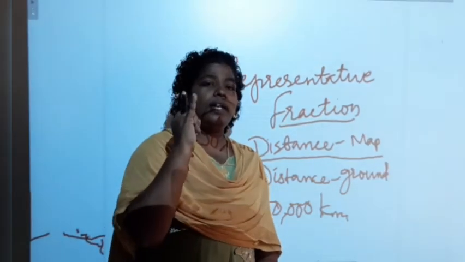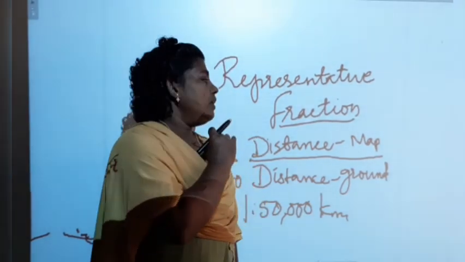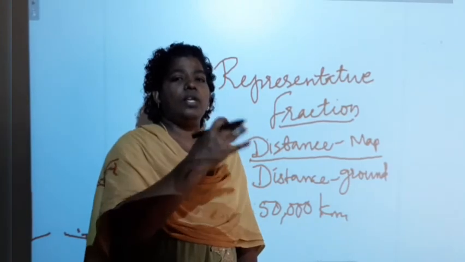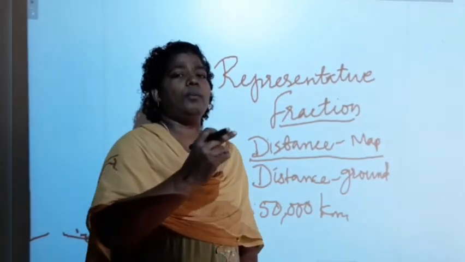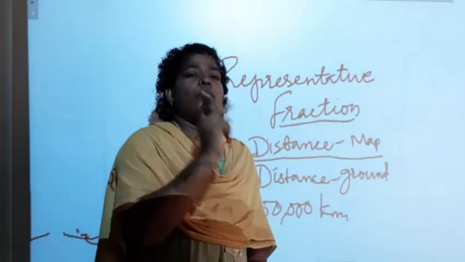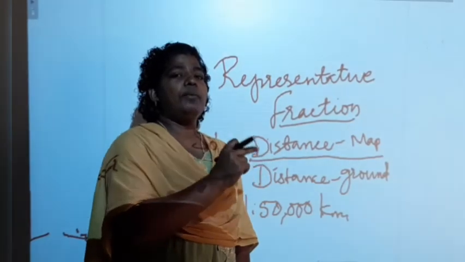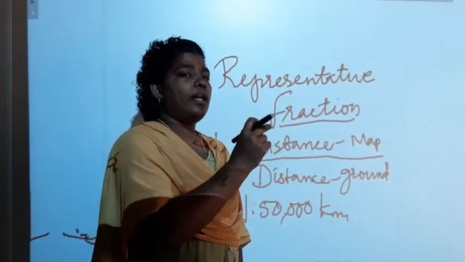Okay, what does the linear scale say? The linear scale will be in a straight line, and it will be divided into different divisions. For each section, 1 centimeter will be there. This 1 centimeter will be taken as 50 kilometers on the ground.